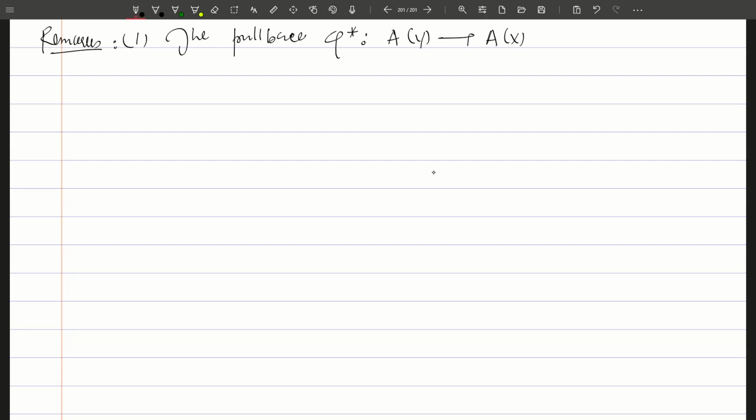Now we have some remarks to make. Let us write the first remark. The pullback phi star, which is a map from Ay to Ax, which takes an element h in Ay to phi star h, is a ring homomorphism.